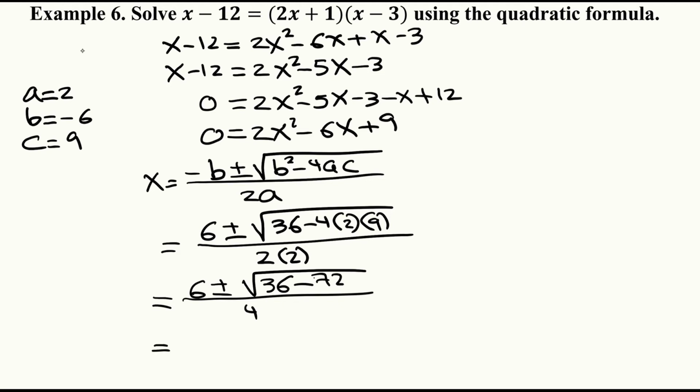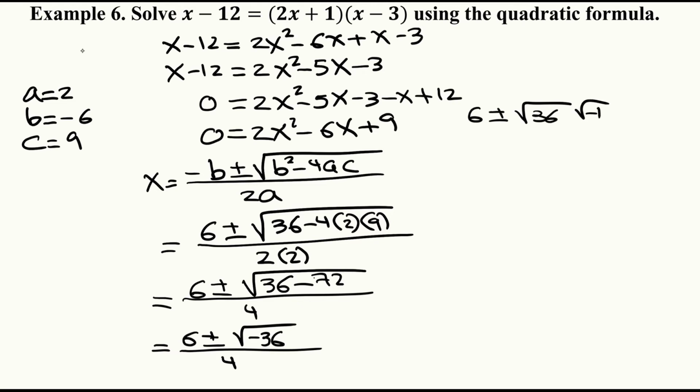So we end up with 6 plus or minus, now we know 36 minus 72 is actually square root of negative 36. So here it looks like we're going to get complex solutions again. So we have 6 plus or minus square root of 36 times square root of negative 1 all over 4.